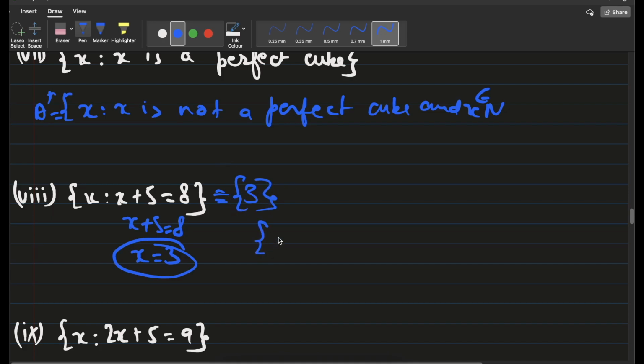So what will we be left with? We cannot write all the elements, so we can write x such that x belongs to natural number and x is not equal to 3. सारे नेचुरल नंबर्स, पर उसके साथ एक कंडीशन है कि बस x 3 नहीं होना चाहिए, इसके अलावा सारे नेचुरल नंबर्स. हमें यही करना है ना, 3 को रिमूव करना है अगर हमें A कॉम्प्लीमेंट चाहिए यूनिवर्सल सेट में से.